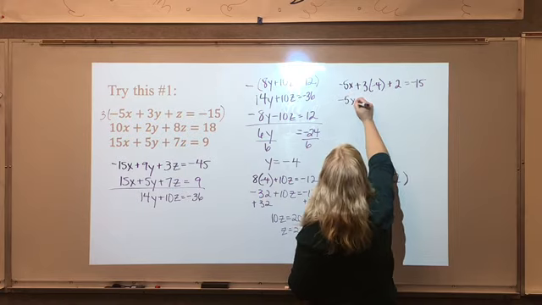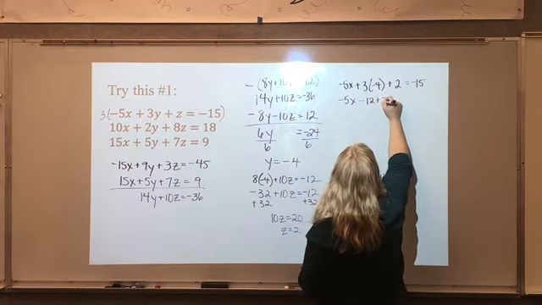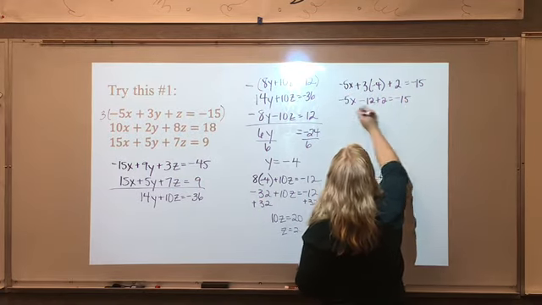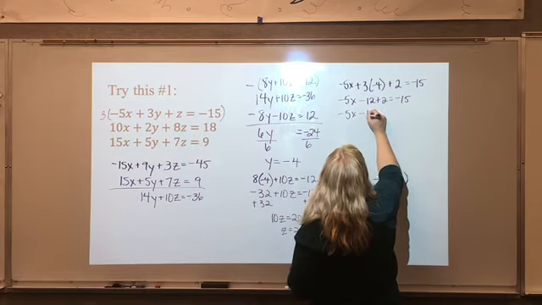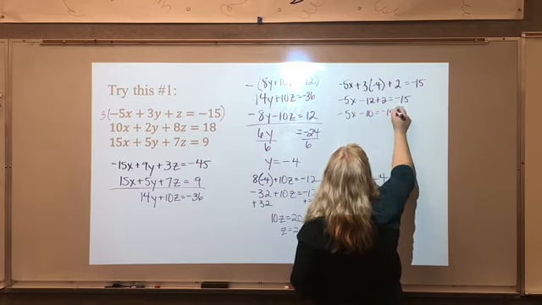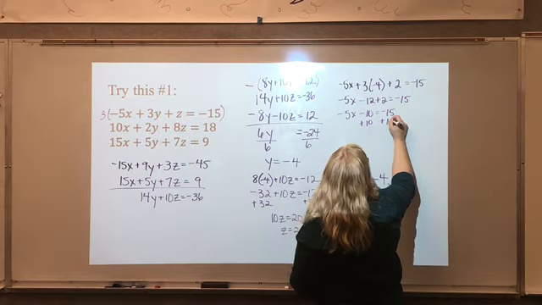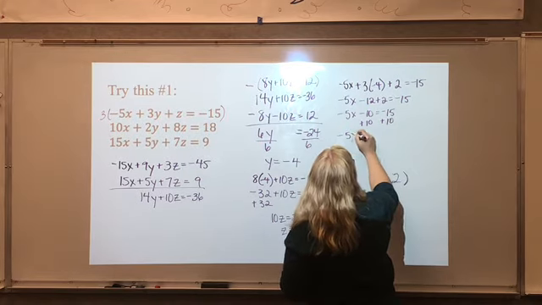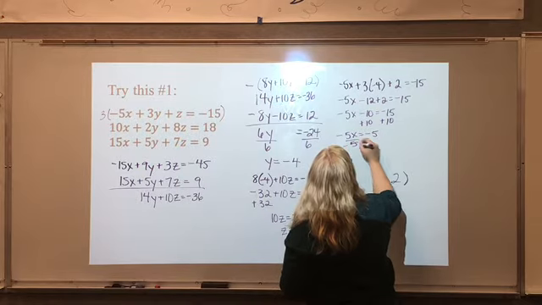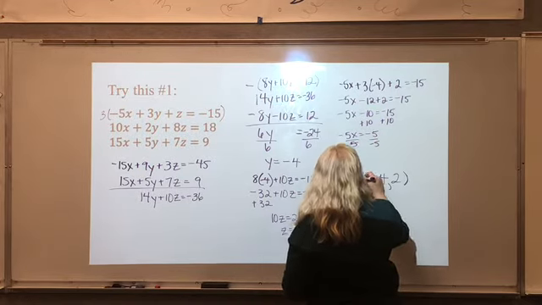So negative 5x minus 12 plus 2. We've got negative 10. If we add 10 to both sides, I get negative 5x equals negative 5, divided by negative 5, and we get x equals 1.